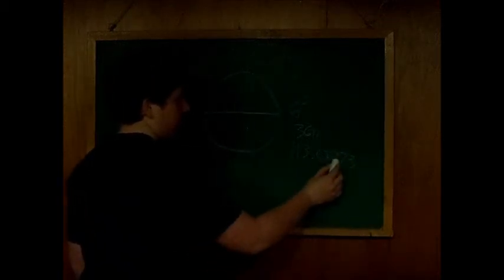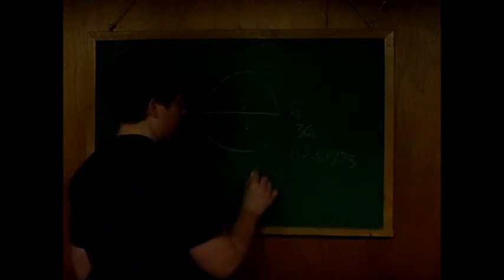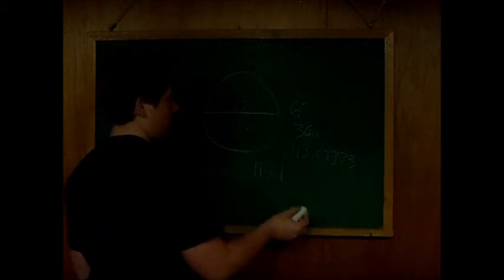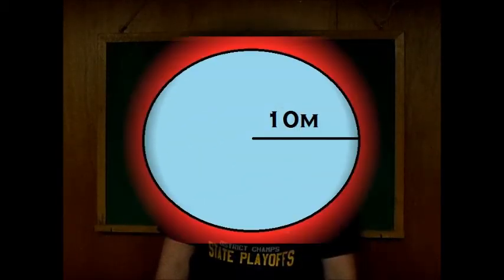And I will round, and since this is a 7, I will round up, so it will be 113.1 centimeters squared. Now try your best to do the following examples.